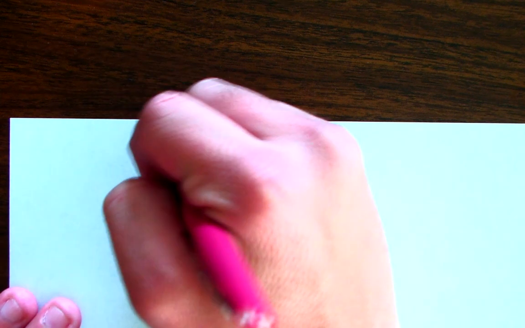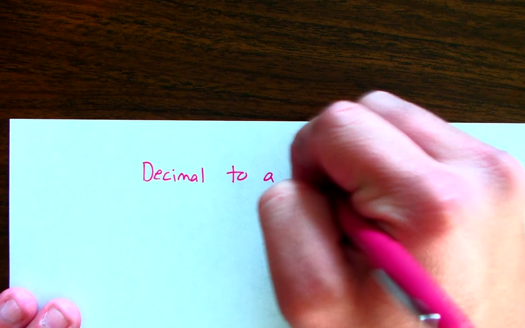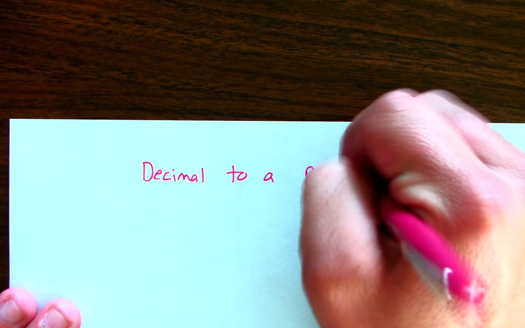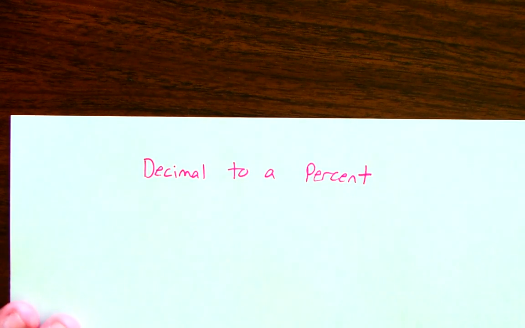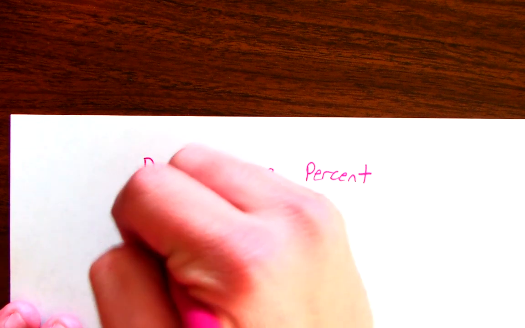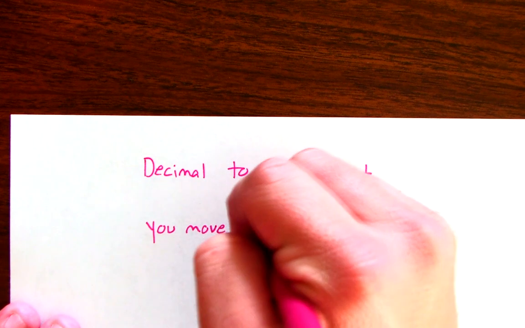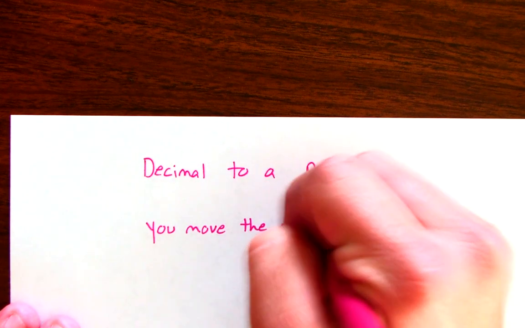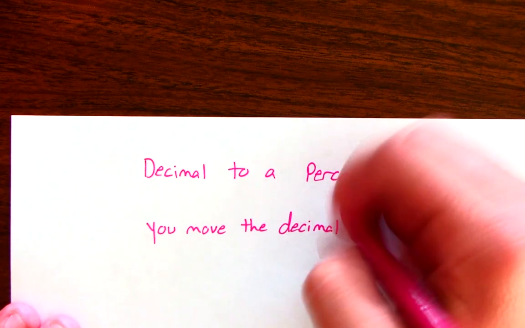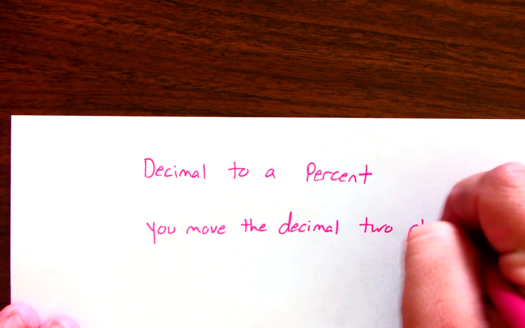So let's start with this. How would you turn a decimal to a percent? Well, guys, to turn a decimal to a percent, you move the decimal two places to the right.